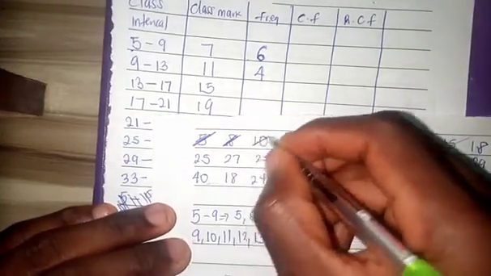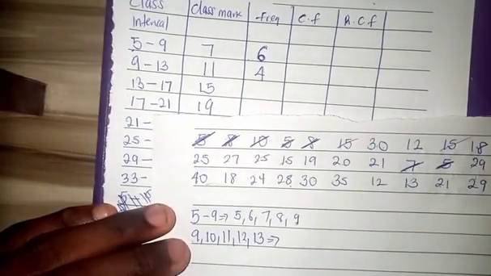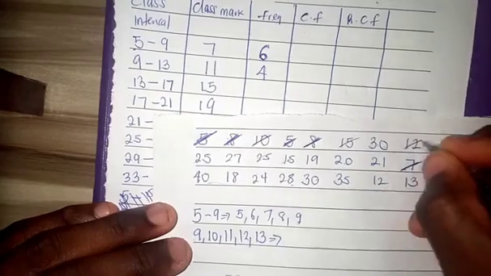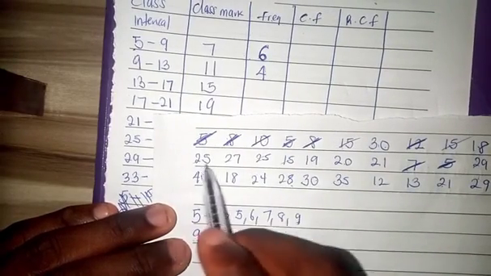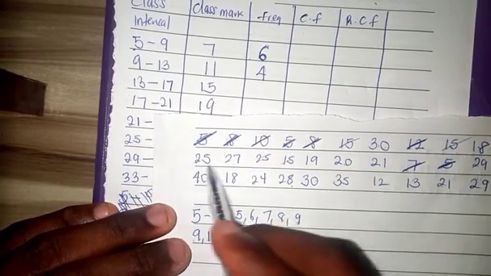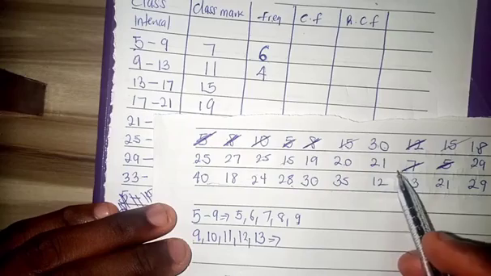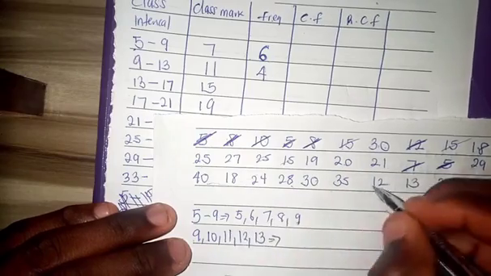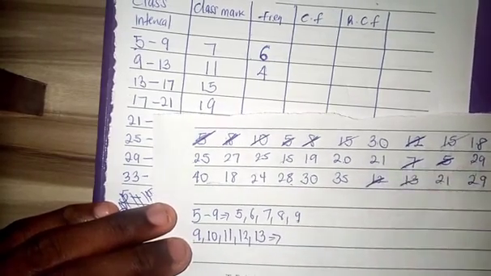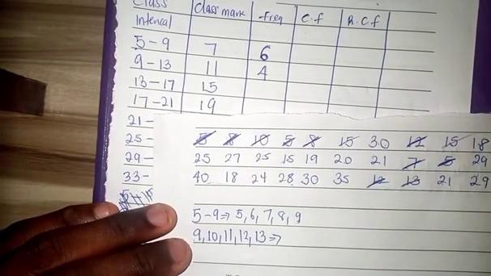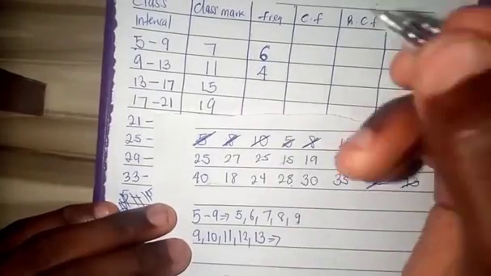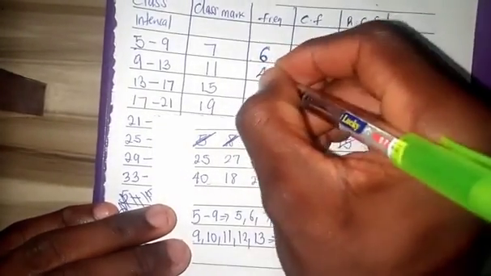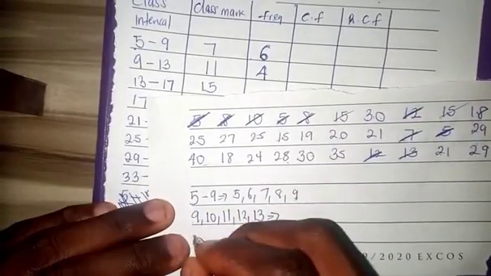So let's count. 1, 2, 3, 4. So we have 4.